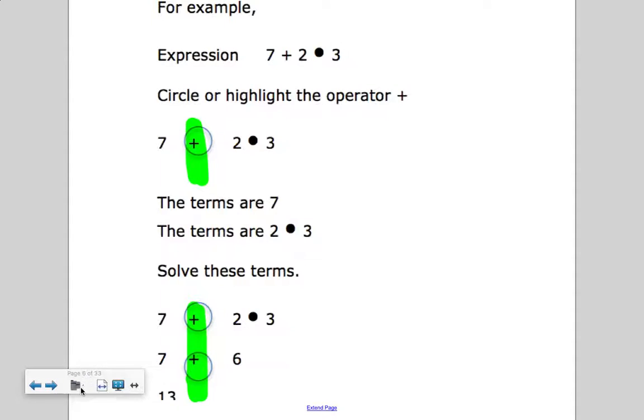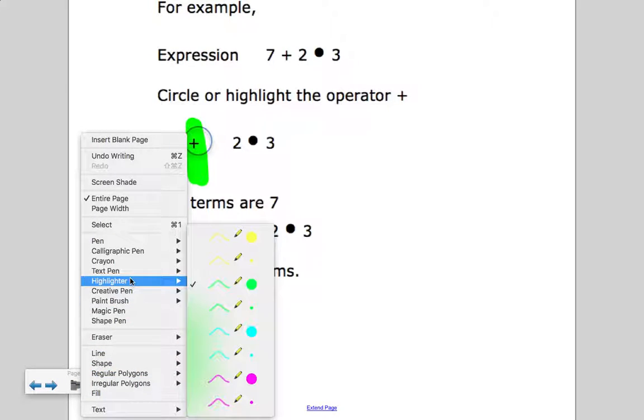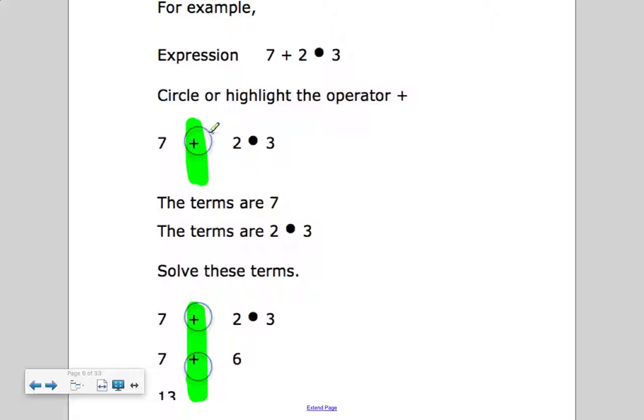Let me get out my highlighter. You highlight the operators of addition and subtraction. So the first term on the left side is 7, and the term on the right-hand side is 2 times 3. So we separated the first term and the second term.